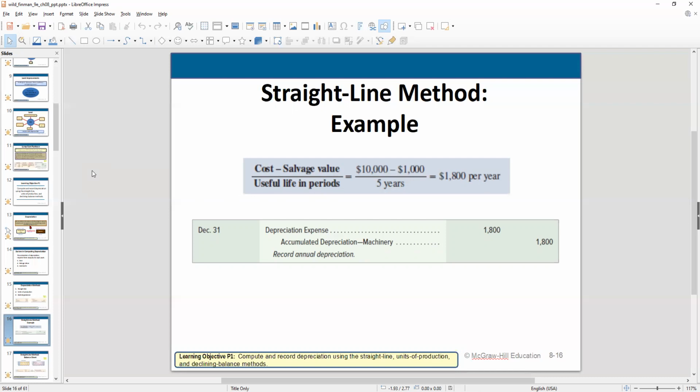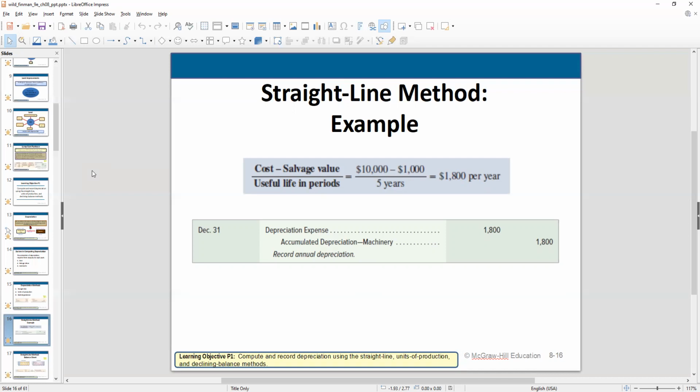That gives us a depreciation of $1,800 per year. So on December 31st, when we go to take the depreciation on that item, we're going to debit depreciation expense, and credit accumulated depreciation machinery.